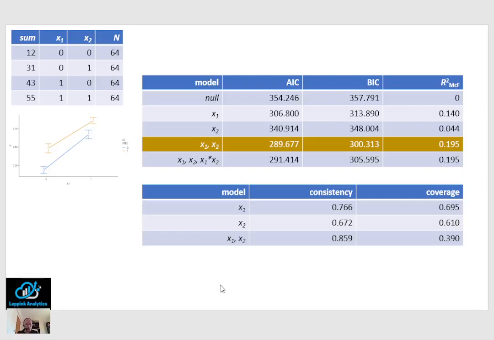So that means a weaker effect of x2, and that also results in lower consistency and coverage values in this randomized controlled experiment for x2. And then there is another line which says x1 and x2, because yes, there are a total of 64 cases that received both x1 and x2, and 55 of those had a success.